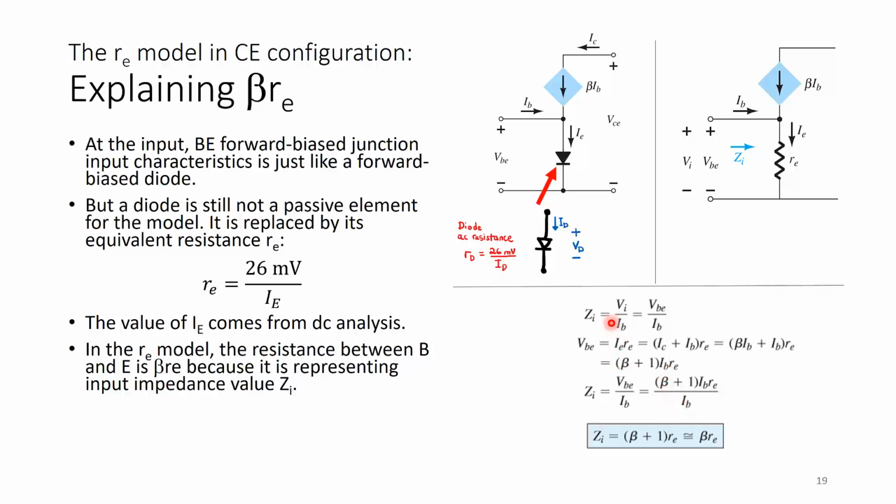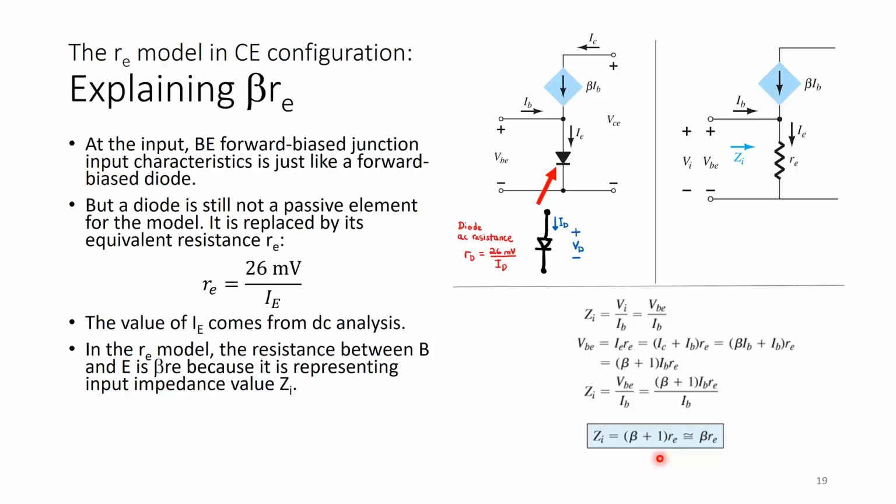So Zin is V input over IB, which is VBE over IB, and when we apply Ohm's law, VBE equals IERE, we will find that Zin equals beta plus 1 RE.